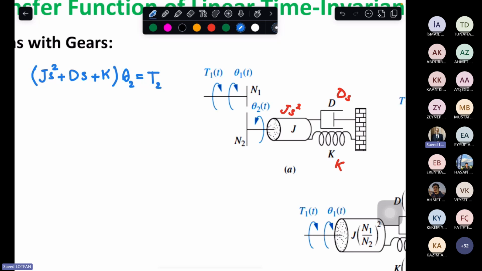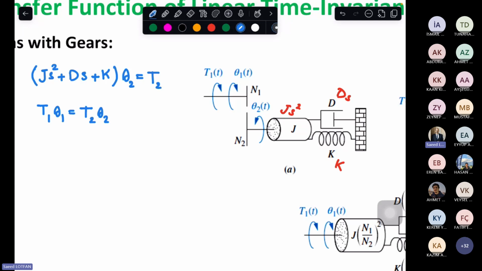Now, if I want to write the equation based on theta 1, I can say from the previous slide, T1 theta 1 is equal to T2 theta 2.